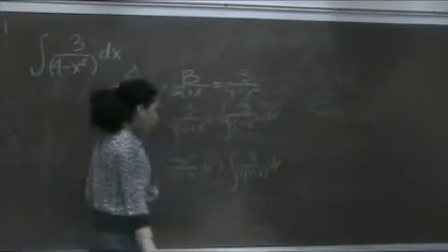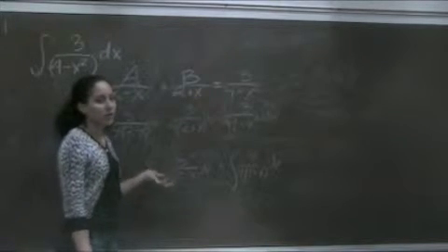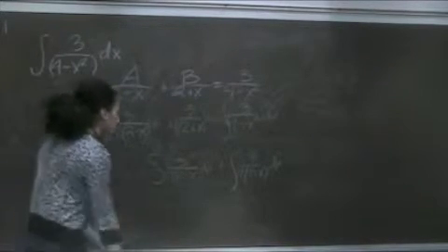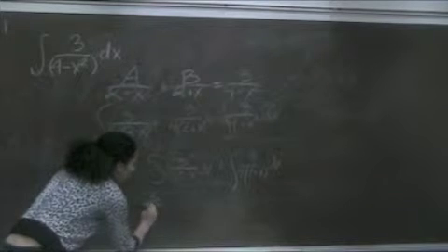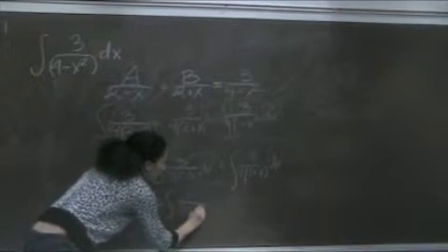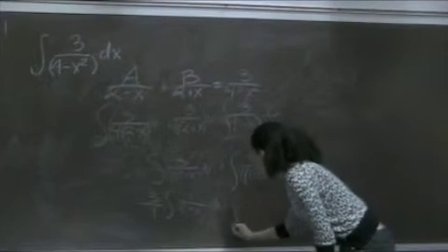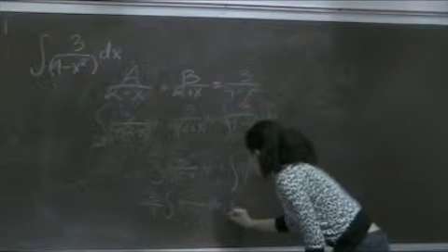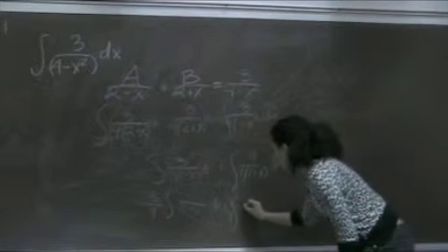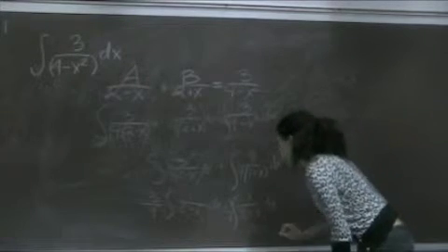And we can take the 3/4 out, because multiplying an integral by something is the same thing as multiplying on the inside. So 3/4 times the integral of 1 over 2 minus x dx plus 3/4 times the integral of 1 over 2 plus x dx.